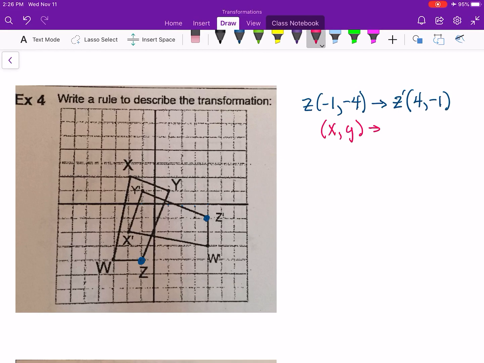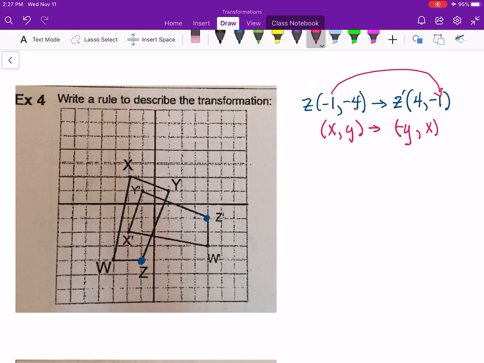Let's figure out what's happened. The original y became the x, so it got moved to the front. There's y, and we changed its sign. The -1 got put in the back, so x got moved back here.